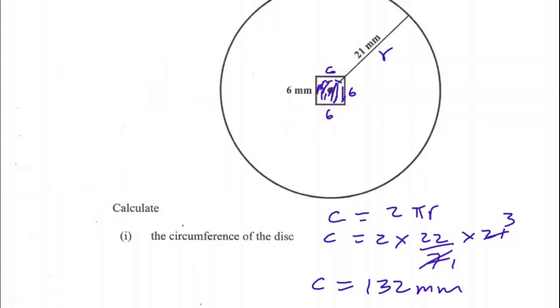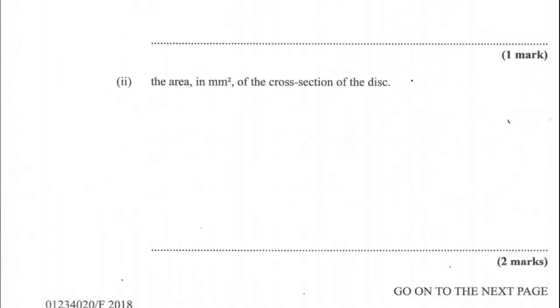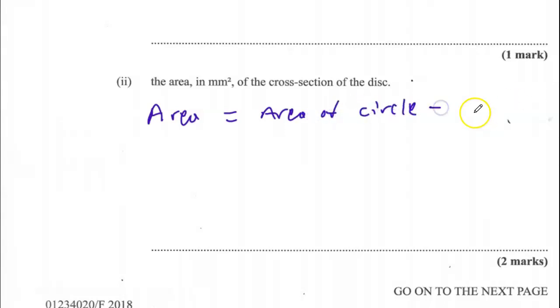So the area of the cross section equals the area of the circle minus the area of the square. The area of the circle is pi r squared, and the area of the square is side squared.